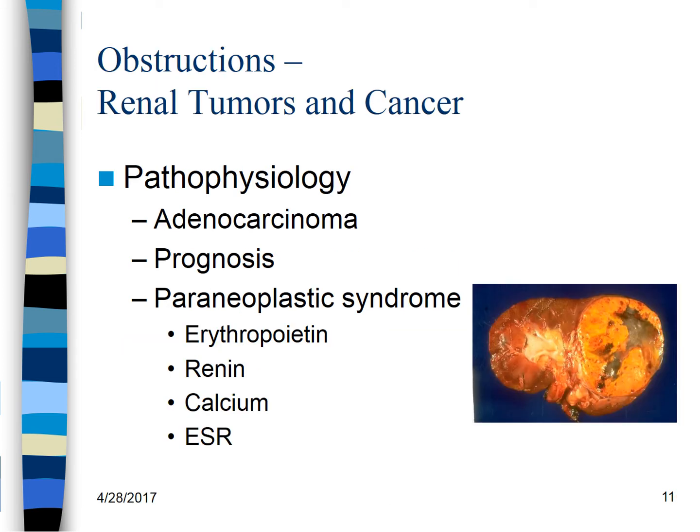Okay, moving on to renal tumors. A renal tumor could be benign, but unfortunately, 85% of the time it is malignant. This usually is an adenocarcinoma, and it metastasizes early. This is a malignant tumor formed from glandular structures in the epithelial tissues of the kidney, and the prognosis is poor.